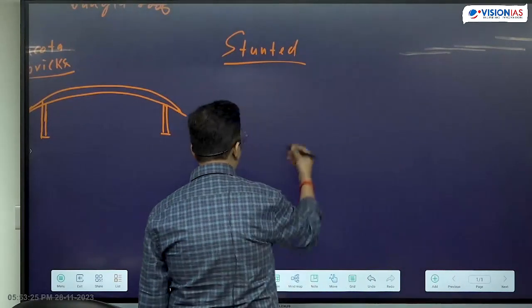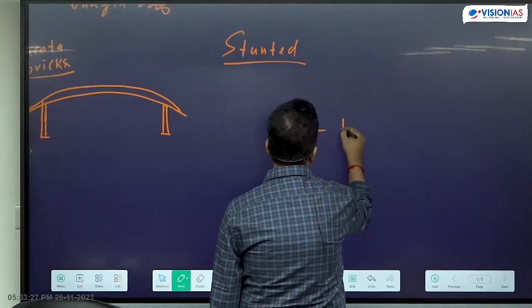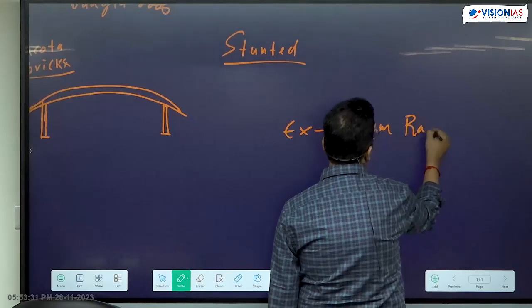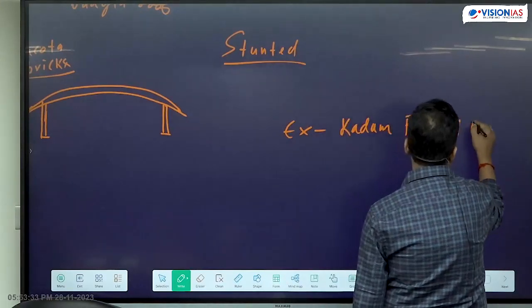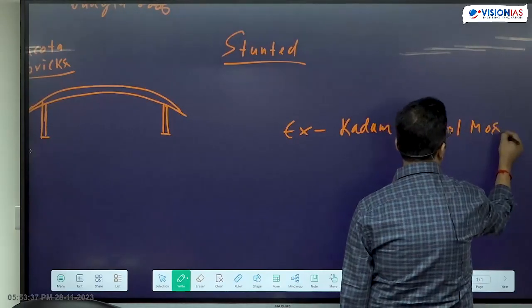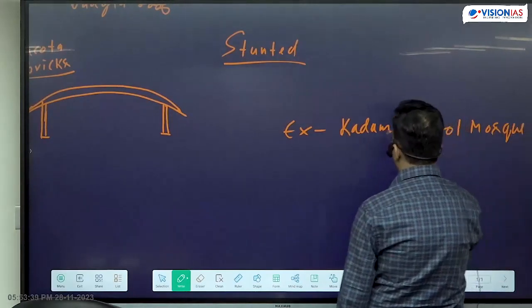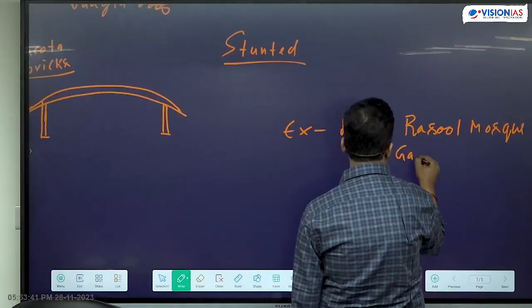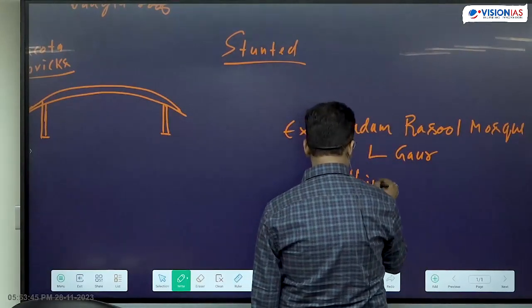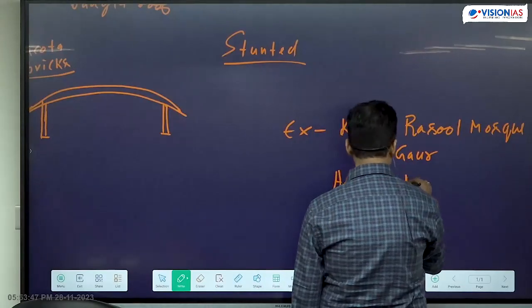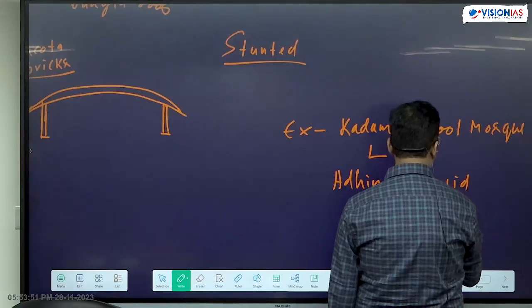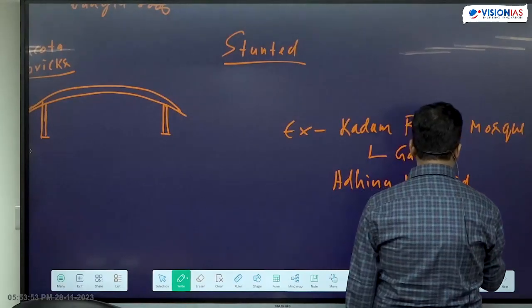Then mention example. You write Kadam Rasool Mosque of Gaur and Adhina Masjid of Pandua.